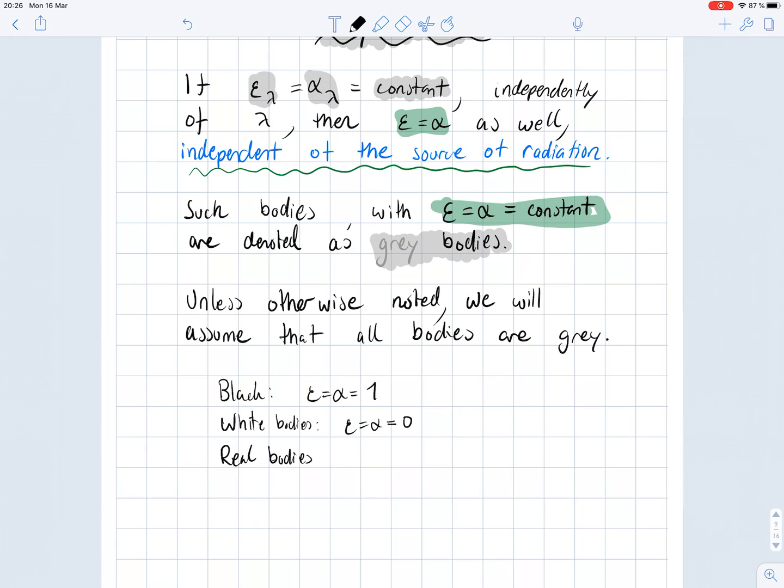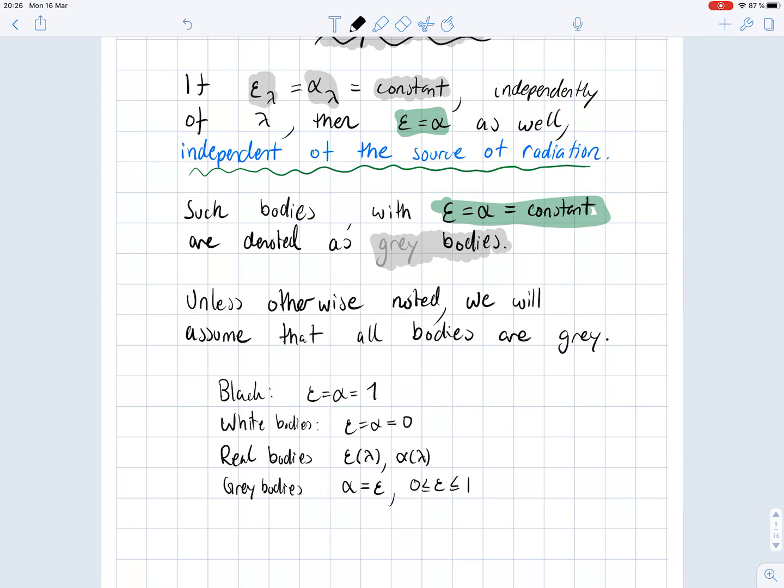Real bodies have epsilon as a function of lambda and alpha as a function of lambda, while gray bodies have epsilon equal to alpha, and they are both somewhere between 0 and 1.